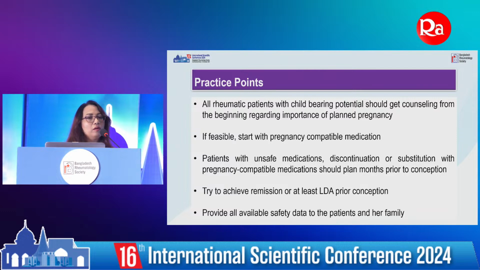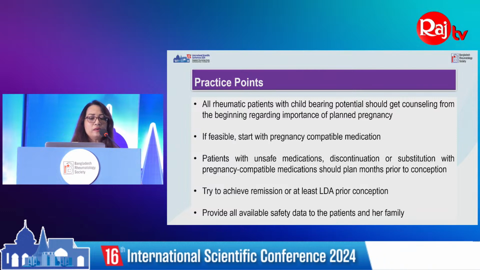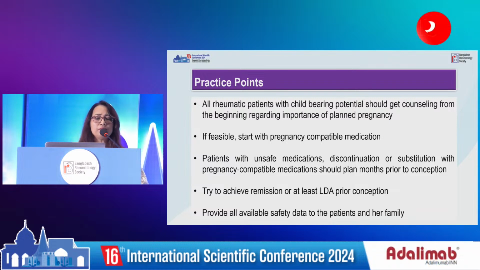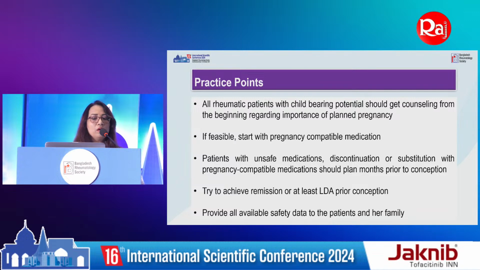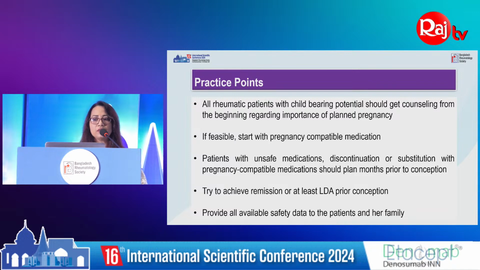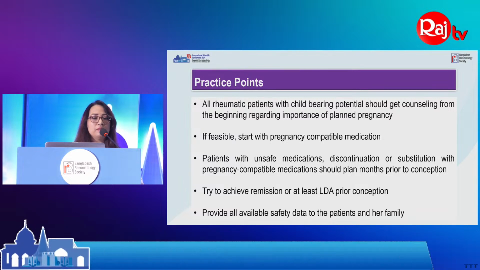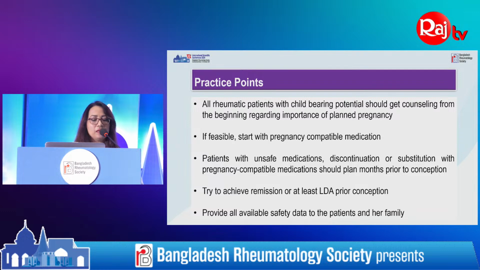Every time newer information comes up, we have to go through this for our individual patient management. Here are some practice points. All rheumatic patients with childbearing potential should get counseling from the beginning regarding the importance of planned pregnancy. And if feasible, start pregnancy compatible medication at first.